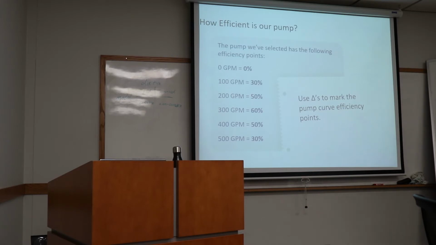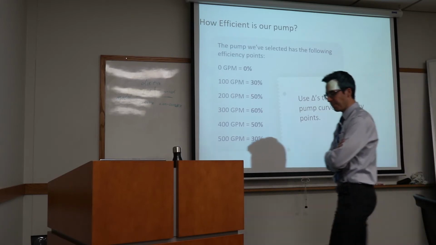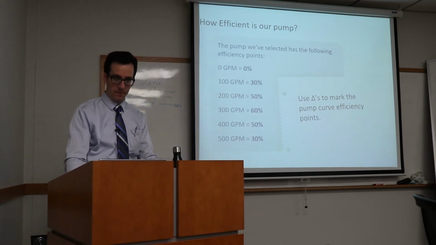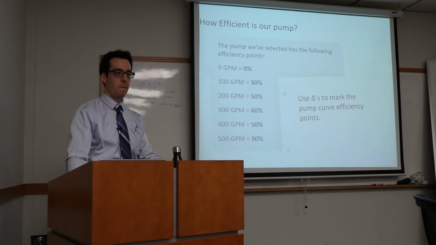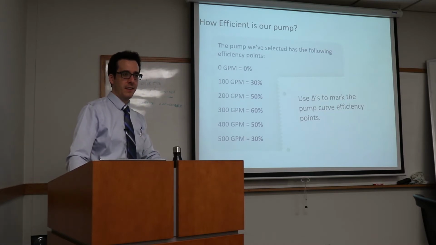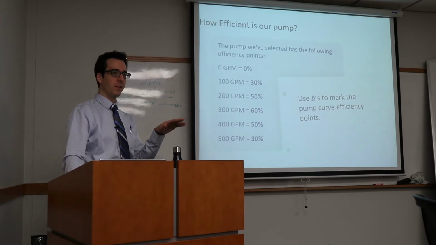Okay, a few more seconds. Can we move on? Everybody got their efficiency curve? Isn't this cool? You got one curve that goes up, one curve that goes down, and one that does both.